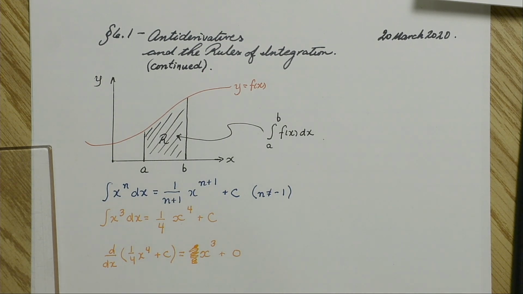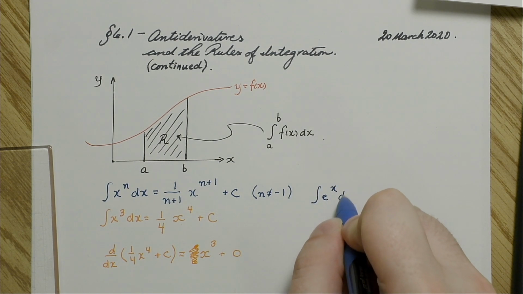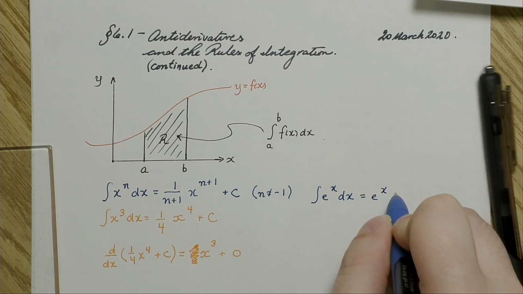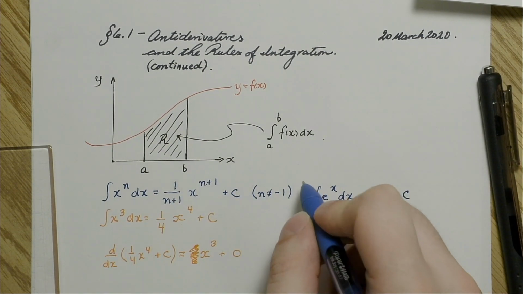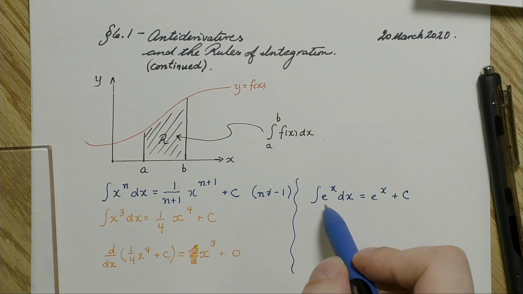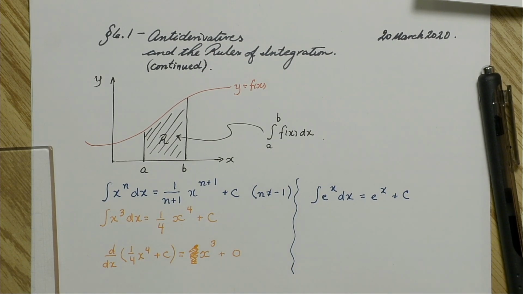All right, so the next thing, we had e to the x dx. This was another rule here. If I have the integral of e to the x dx, that's just itself plus a constant.